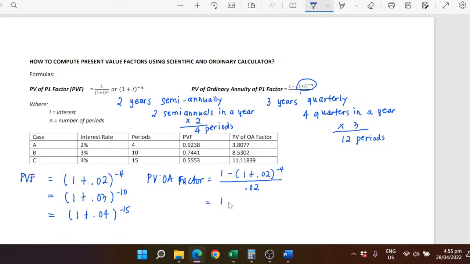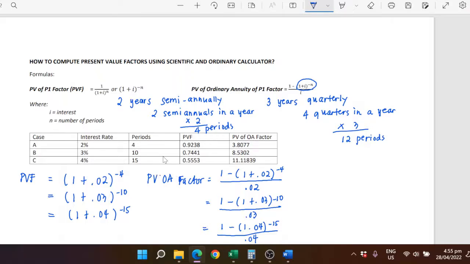Then you have 1 minus 1 plus 0.03 to the power of negative 10 divided by 0.03. And for the last one, we have 1 minus 1.04 to the power of negative 15 divided by 0.04. Okay, so that's how we're going to substitute the numbers to the formula. And then you can perform the operations.